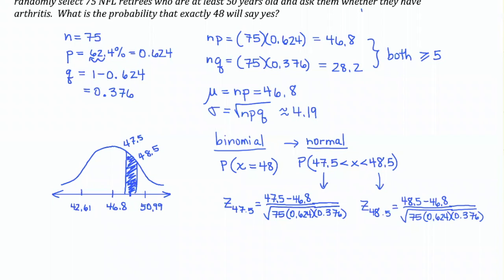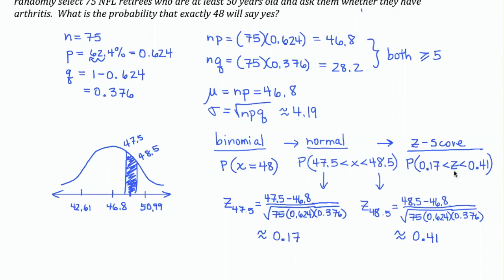I've set up my z-score formulas, and 47.5 should give you approximately, to 2 decimal places, 0.17. 48.5 should give you approximately 0.41. So my normal probability can now be expressed in terms of a z-score probability, and that would be that the z-score is something between 0.17 and 0.41.